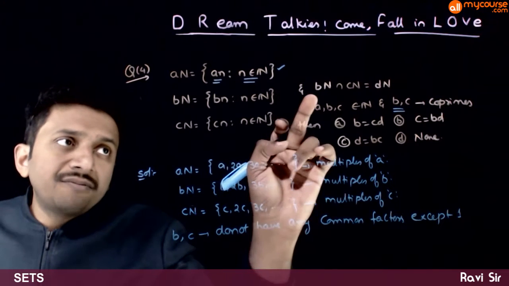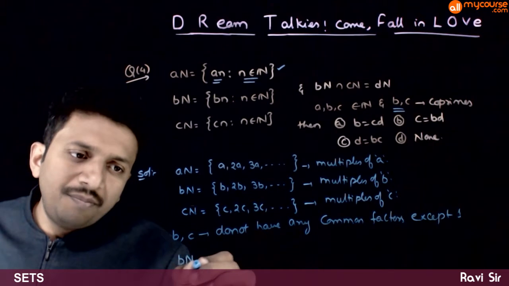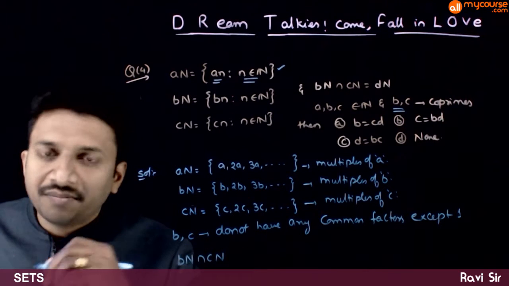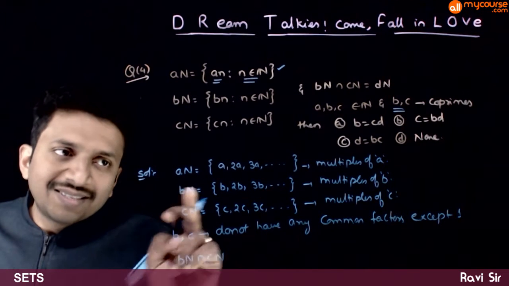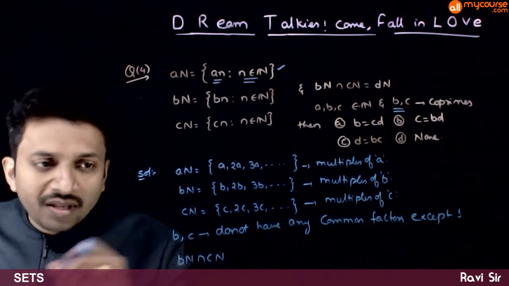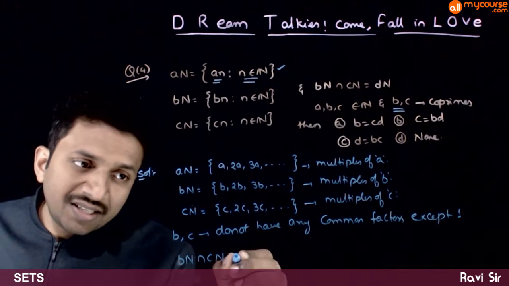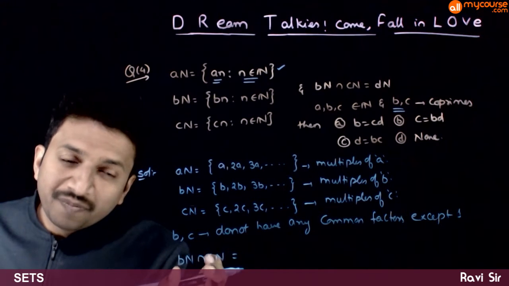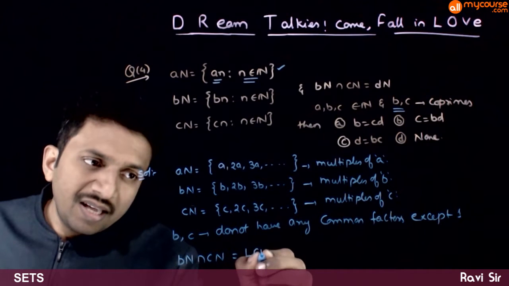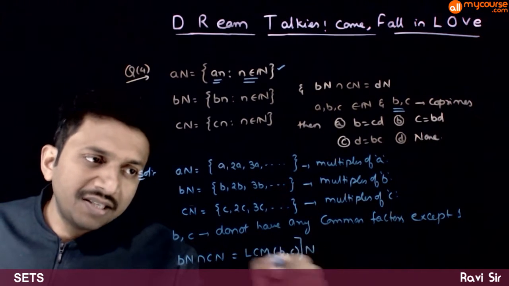Right? Now, you're given that Bn intersection Cn. So Bn is the multiples of B, Cn is the multiples of C. So what is the intersection of these two? We know that the intersection of these two will be the LCM of B, C, N, right?